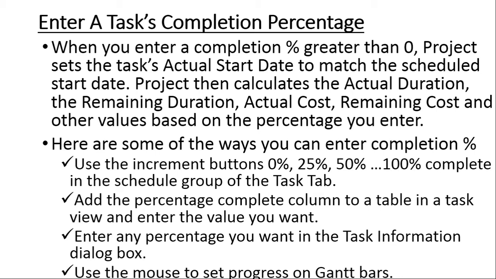Alternatively, you can take any task-centric view, say for example the Gantt chart view. You have got a table on the left hand side. On that table, you can add the percentage complete column. Earlier on, I discussed how you can add new columns when we're looking at the resources column. So you can also add the column for percentage complete.